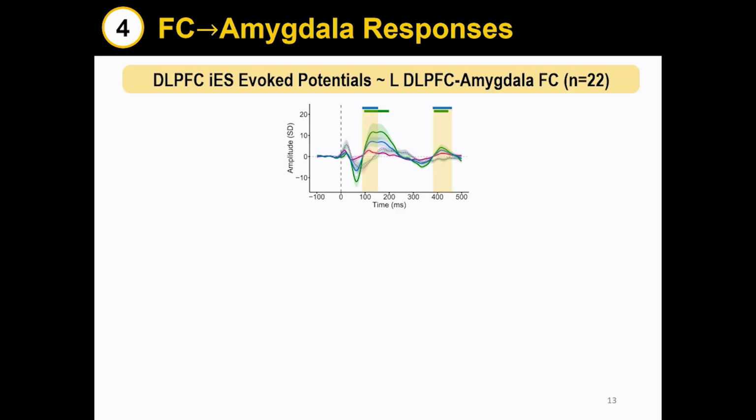In the final step, as mentioned, we also evaluated the relationship between the individual functional connectivity and the amygdala responses. First, we extracted the DLPFC iES evoked potentials from the two significant time windows and compared them with the DLPFC-amygdala functional connectivity.